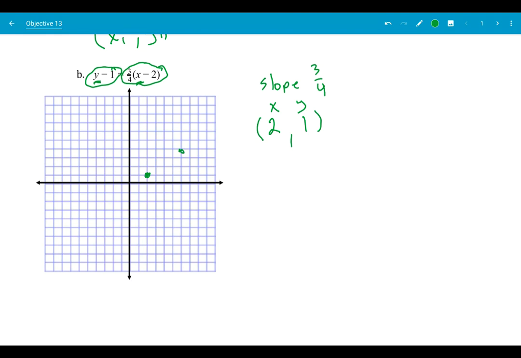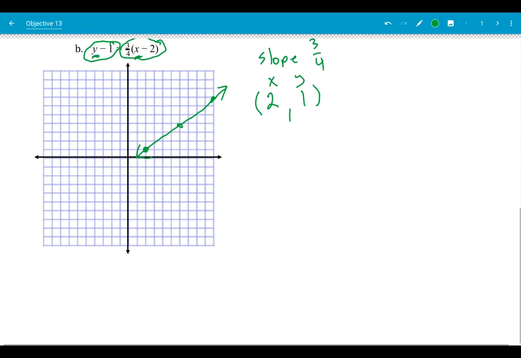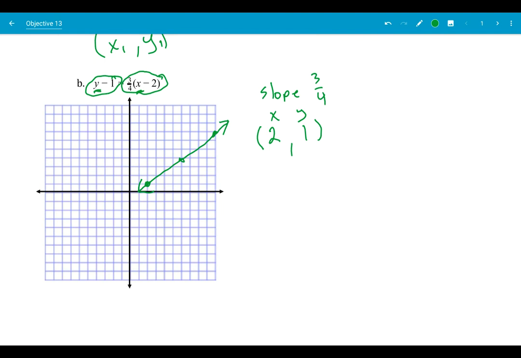Up 3, over 1, 2, 3, 4. Okay, so again, I think the easiest way to find the actual point on your graph is to figure out what x would make the right side 0, what y would make the left side 0.